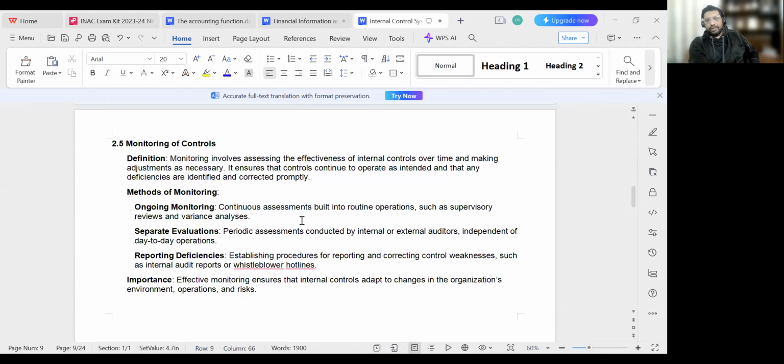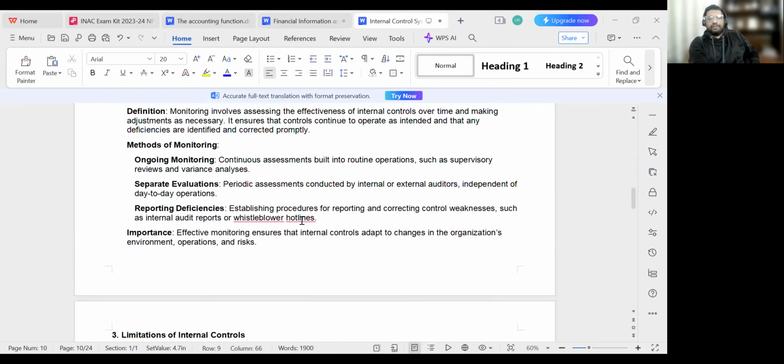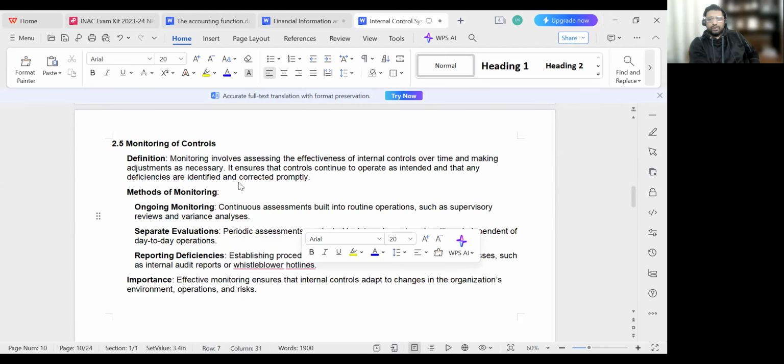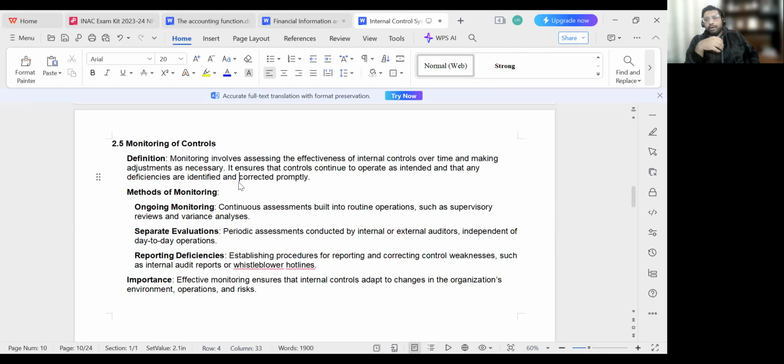Then monitoring of controls. Once you have developed that control system, you have to keep on monitoring it to see whether it is working efficiently or not. Okay, so ongoing monitoring, separate evaluation, reporting deficiencies. So you have a control environment, you installed the control environment. Now you have to monitor whether it is effective or not.